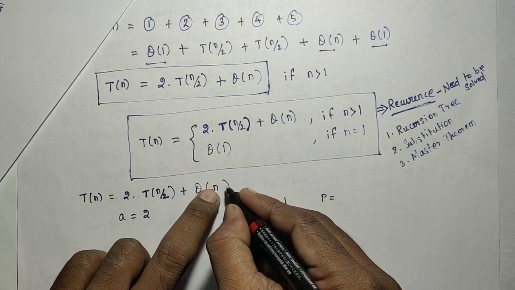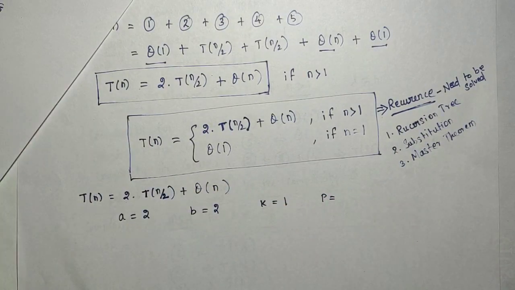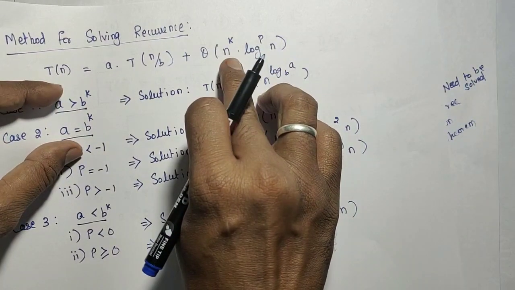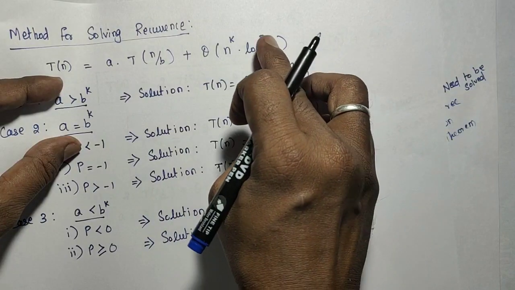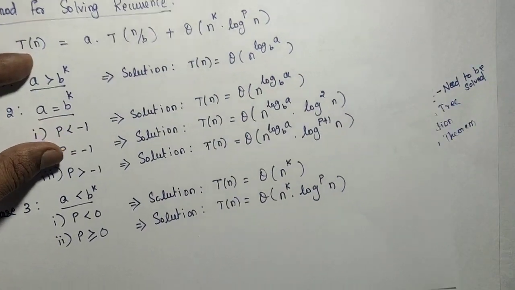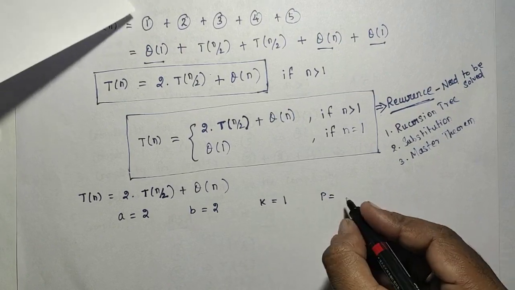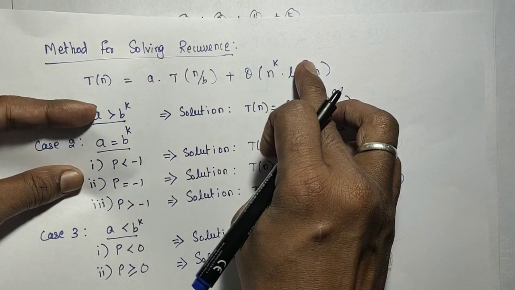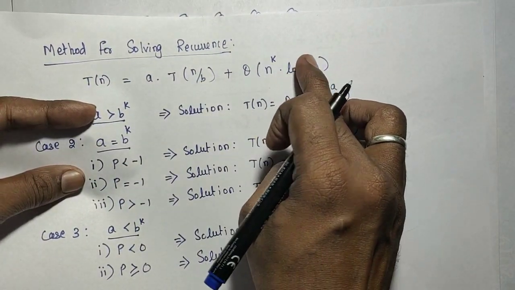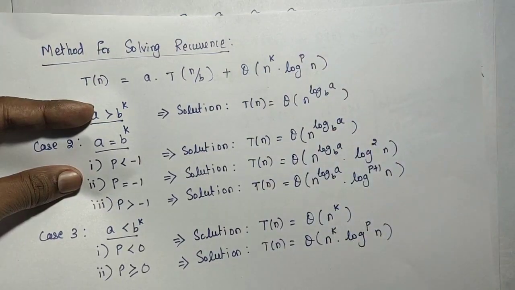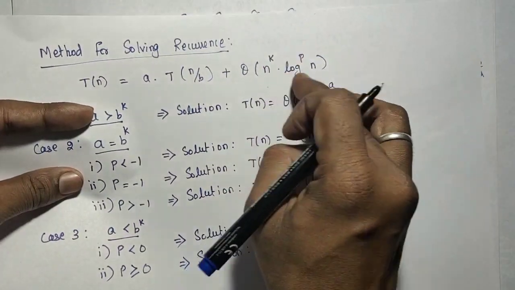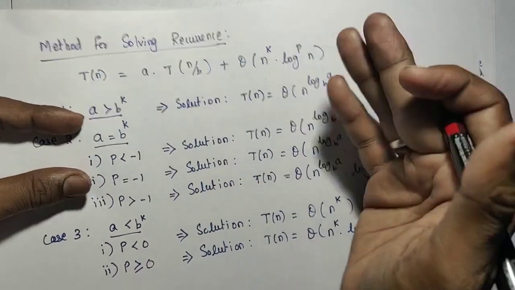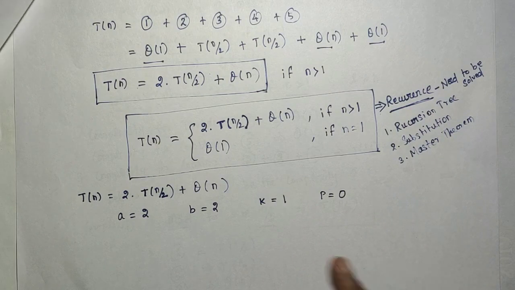There is no log term, so it looks like n power 1 into log n power 0, so we identify p equal to 0. If it were log n power 1, p would be 1, and for log squared n, p would be 2. Since there is no log term, p is 0, and log n power 0 is equal to 1.